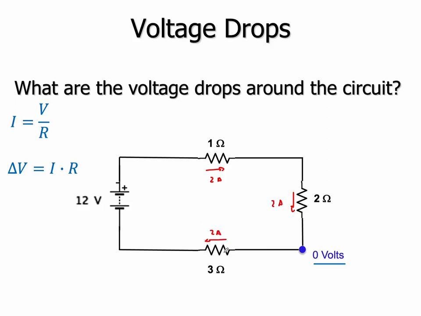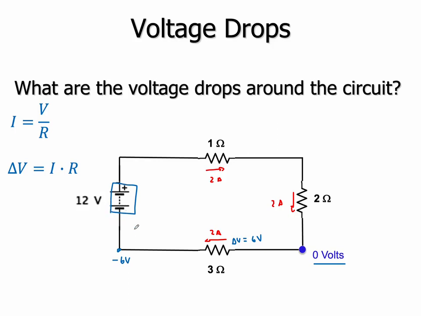The voltage drop across this bottom resistor, I'm going to work clockwise around this thing again, is 6 volts. What am I going to be then at this other bottom corner if I lose 6 volts and I start out at 0 volts here? Well, the answer is I'd be at negative 6 volts of potential. Don't let that bother you. It's okay.